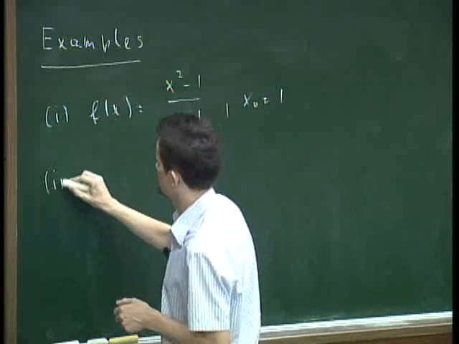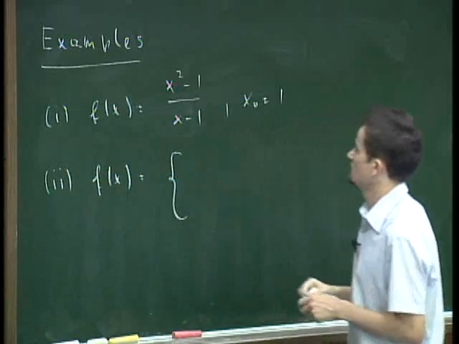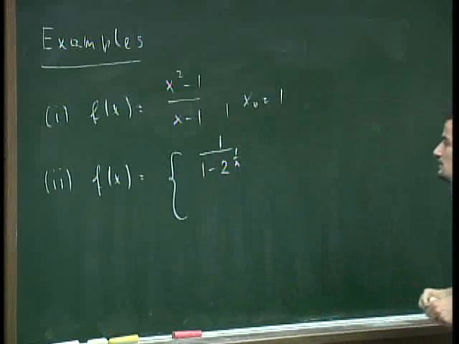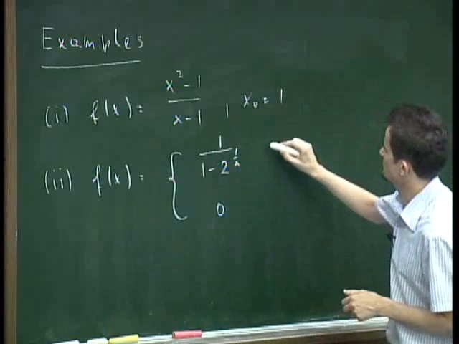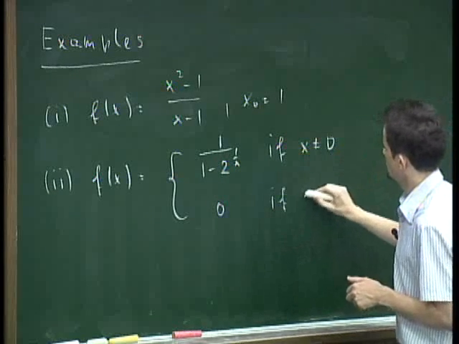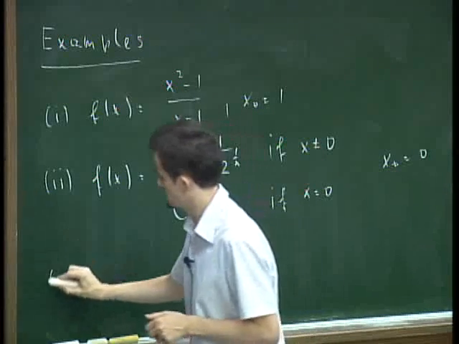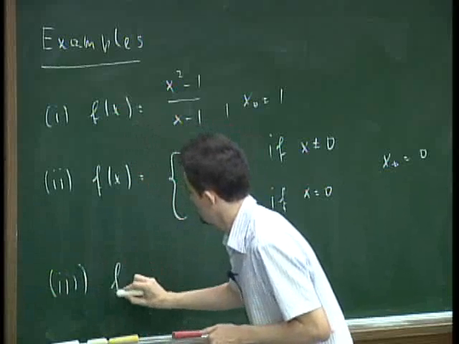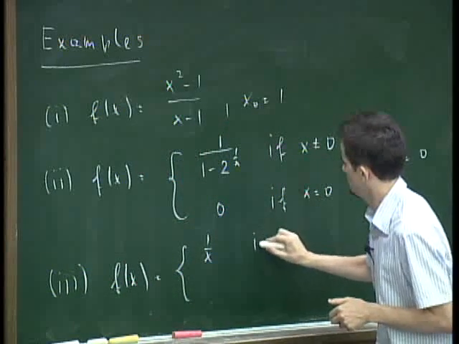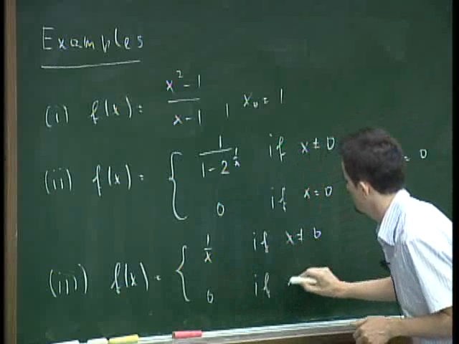Second example, let's look at f of x is equal to 1 over 1 minus 2 to the 1 over x, and let's define this as 0 if x is equal to 0, the point we are interested in. Let's look at f of x is equal to 1 over x if x is not equal to 0, and 0 if x is equal to 0.